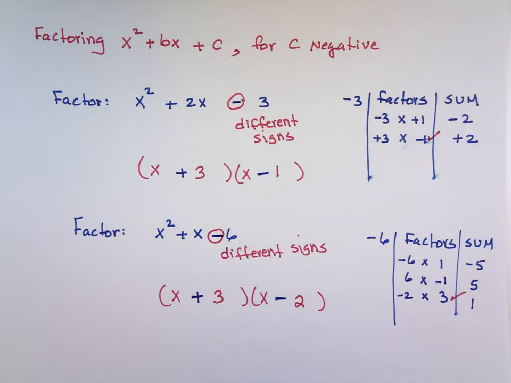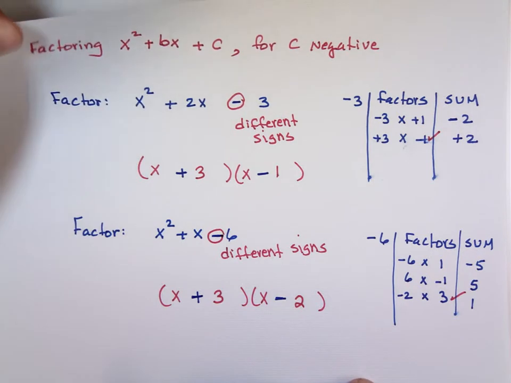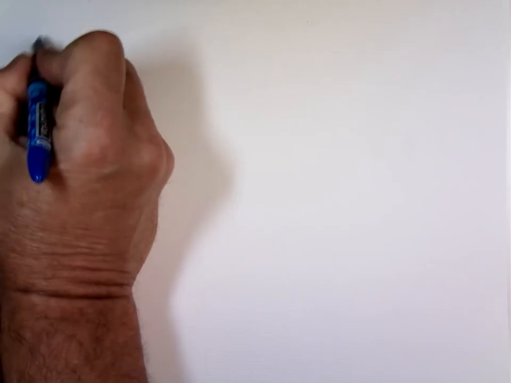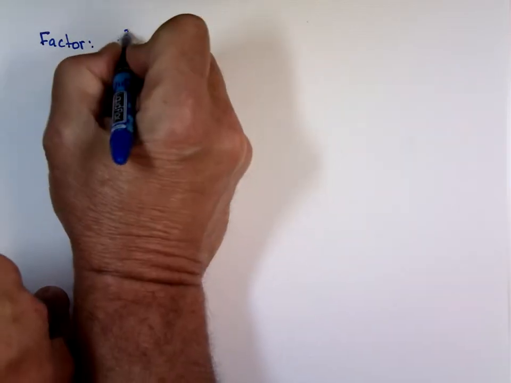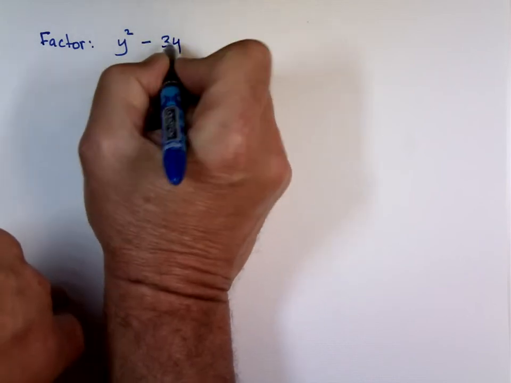Let's try another one. Factor y squared minus 3y minus 10.